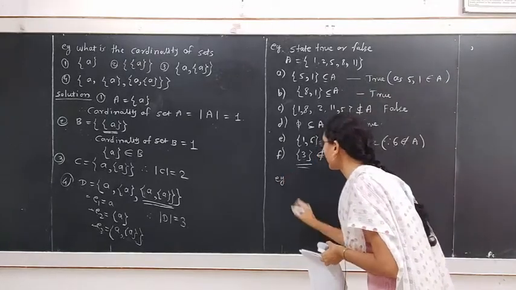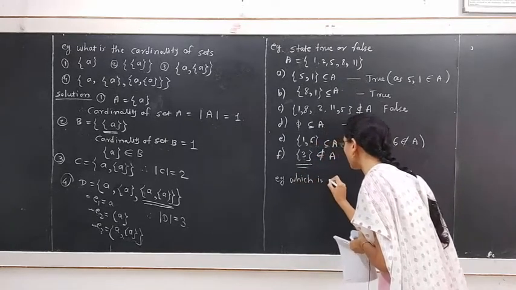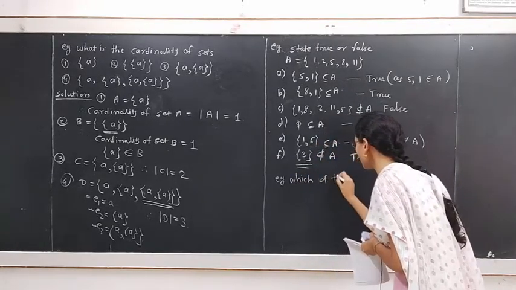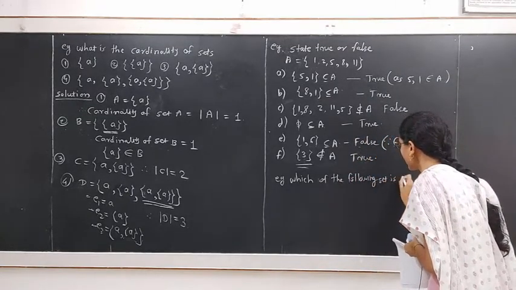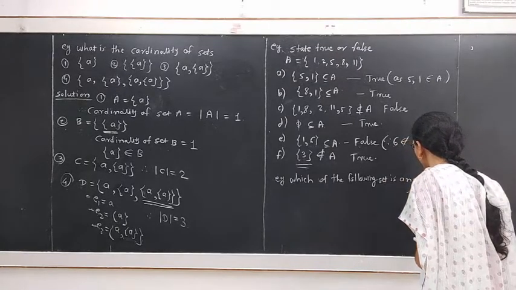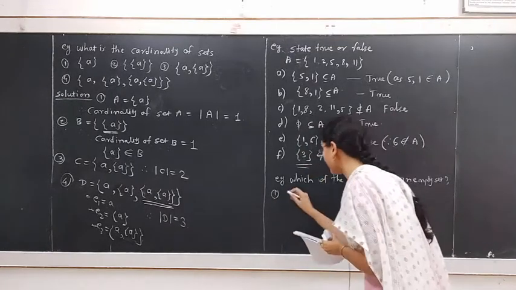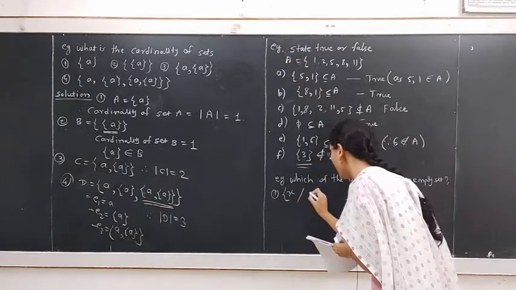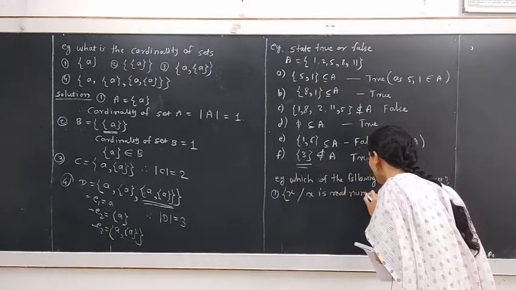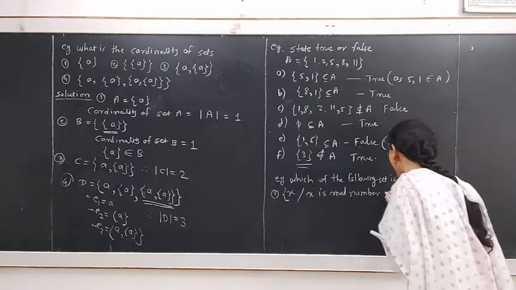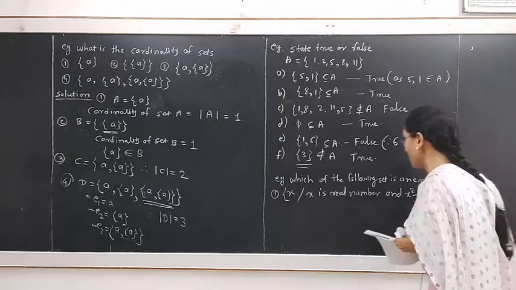The next example: which of the following sets is an empty set? First, {x : x is a real number and x square minus 1 equal to 0}.